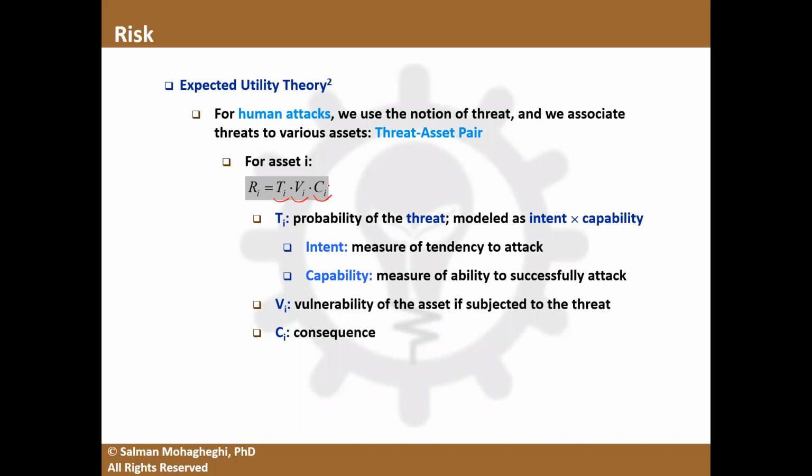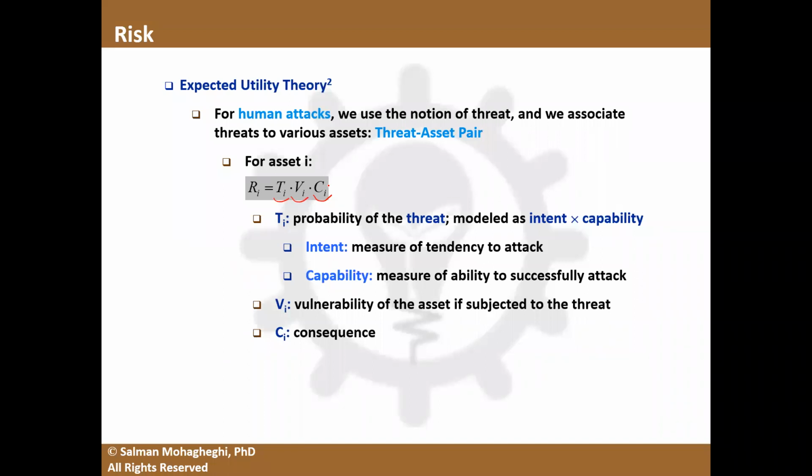And the threat is further divided into intent and capability. Intent, as the name says, tries to quantify how willing the attacker is, how much tendency the attacker has to mount that attack. Capability talks about the ability of the attacker to mount a successful attack.